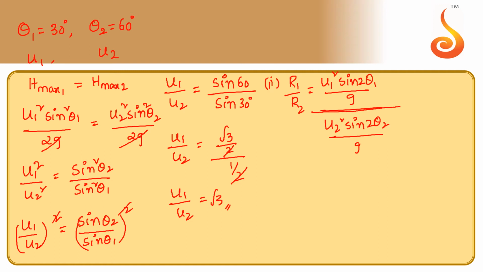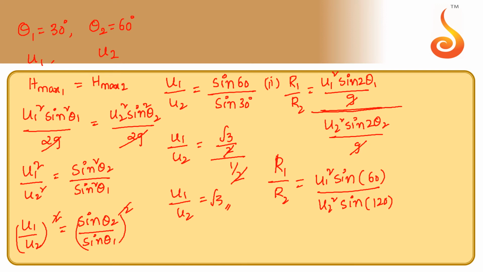Therefore, r1 by r2 is equivalent to, g gets cancelled, u1 square sine 2 into theta 1, which is 30, so 2 into 30 is 60, by u2 square sine 2 into 60, which is 120.